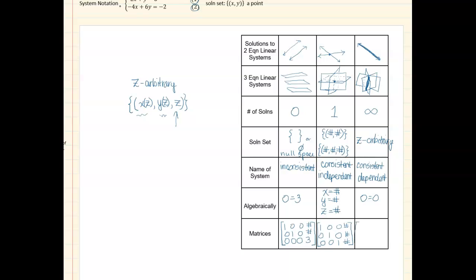And in the last case, we would still have an identity-matrix-looking thing. Maybe we have a number for x, we have 0, 1, 0, maybe we have a number for y, and at the bottom we will have a whole row of zeros, and that would represent 0 is equal to 0. And that concludes this video.